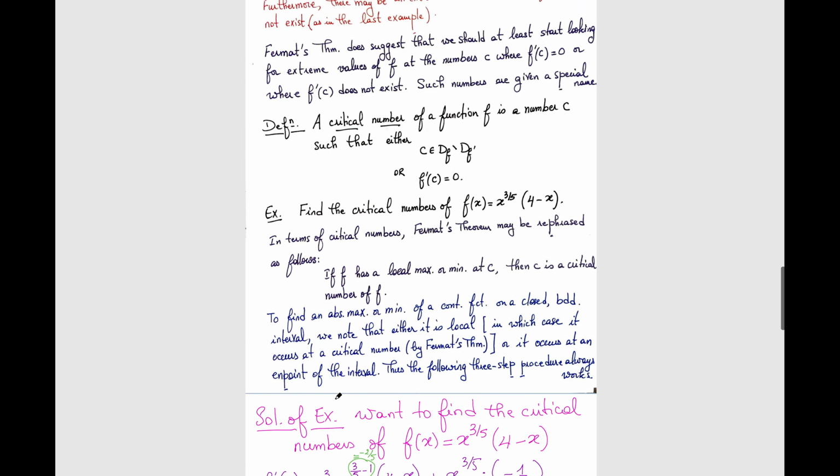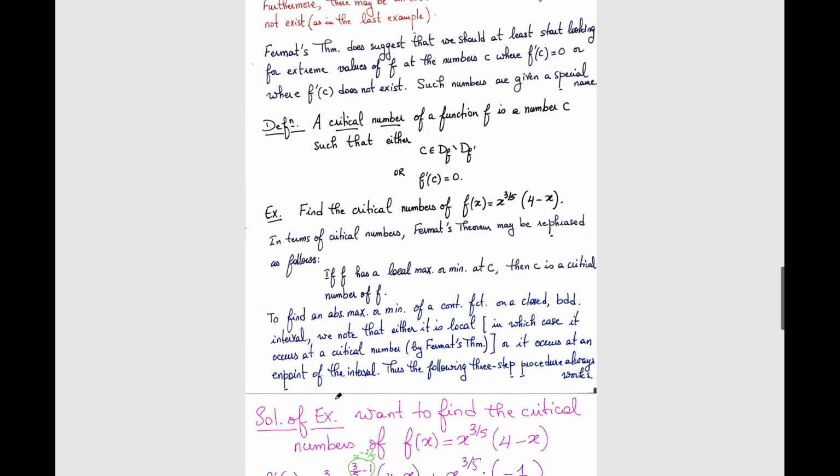If I give you a function that's continuous on a closed and bounded interval, what can you say? By the extreme value theorem, you are sure that the absolute maximum and the absolute minimum of that function are going to occur on that interval, right? This is what the extreme value theorem says. So one more time, if you're given a function that's continuous on a closed and bounded interval, the extreme value theorem guarantees the existence of the absolute maximum and the absolute minimum of that function.